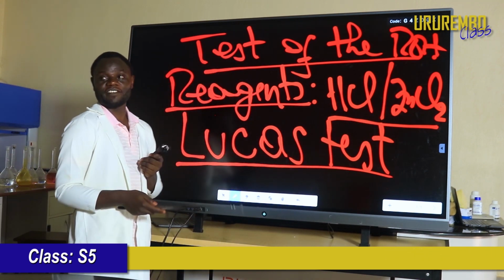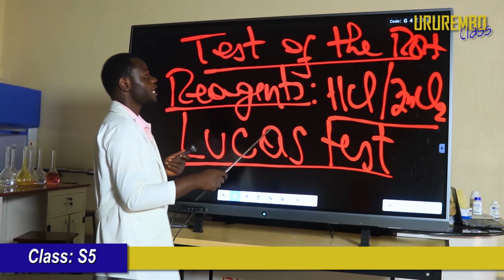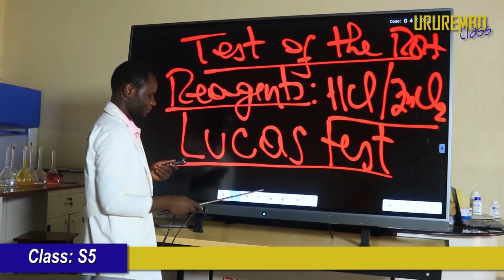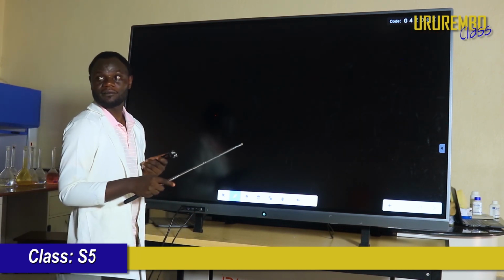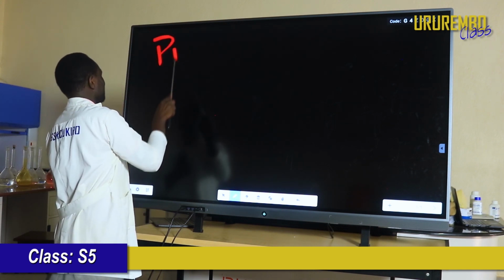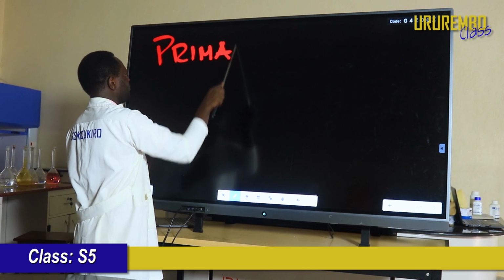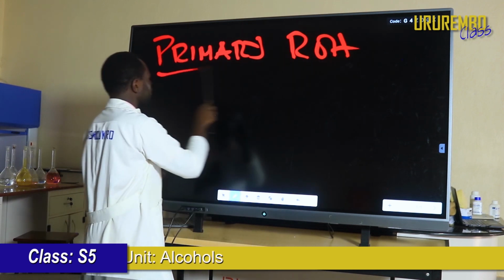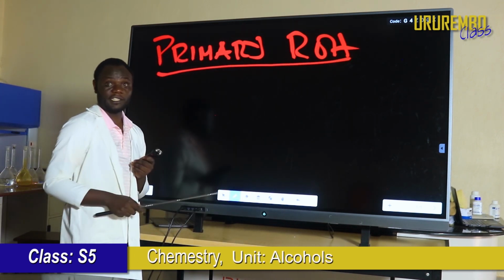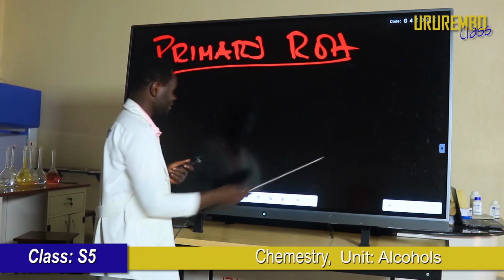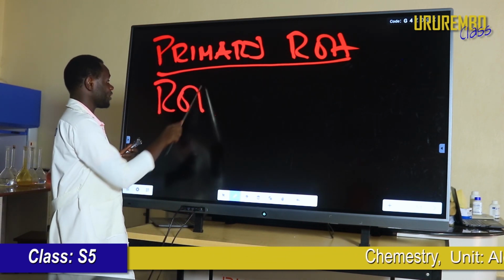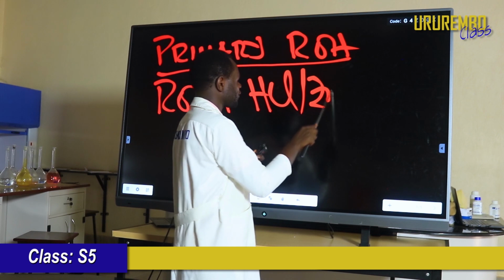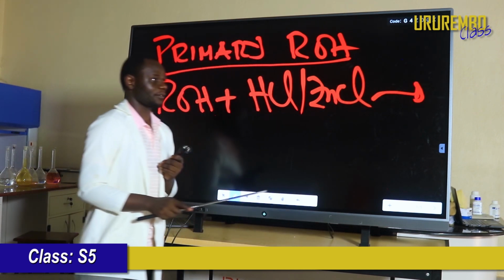So, we are going to see the observation, what we expect when we use this reagent. We are going to start with primary alcohol. If you have a primary alcohol and you test it by using the Lucas test, and you add hydrogen chloride in the presence of zinc chloride, what is the observation?